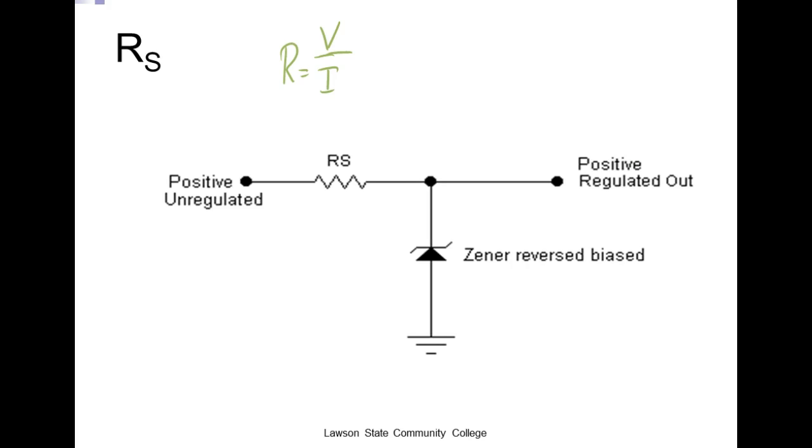To drop the difference between the unregulated and regulated voltage. Now, what's wrong with the unregulated voltage? It's changing, right? So we need to know the range that it's going to change. So let's say this is 10 volts, and it's going to change. Let's say it could be as high as 11 and as low as 9.